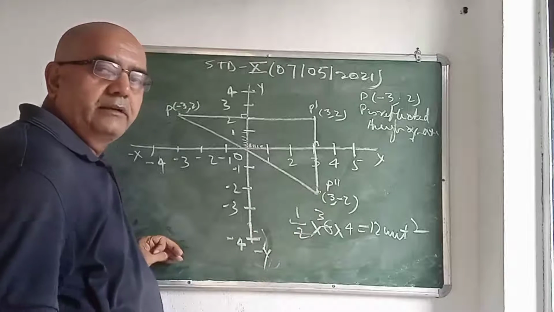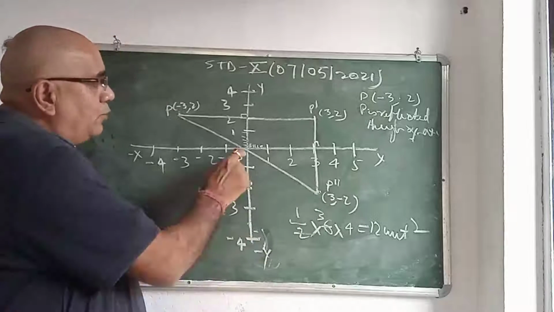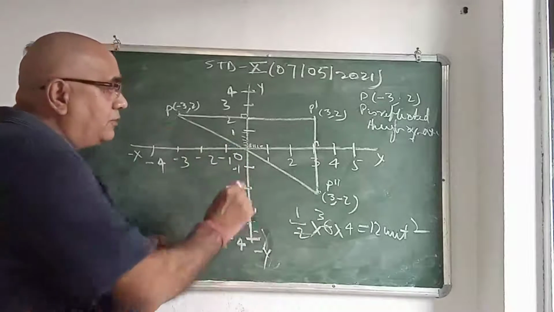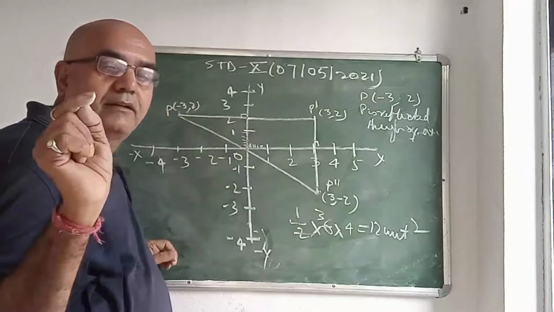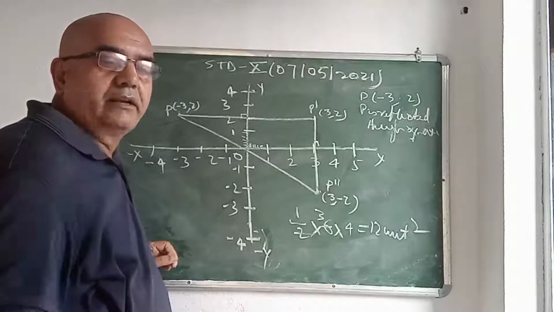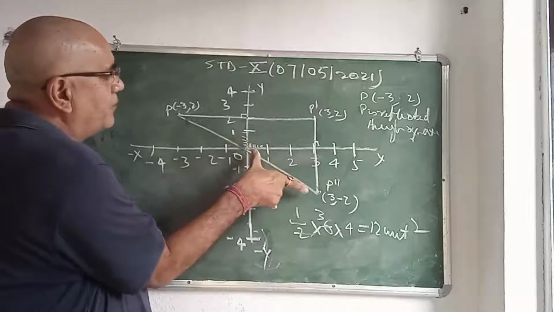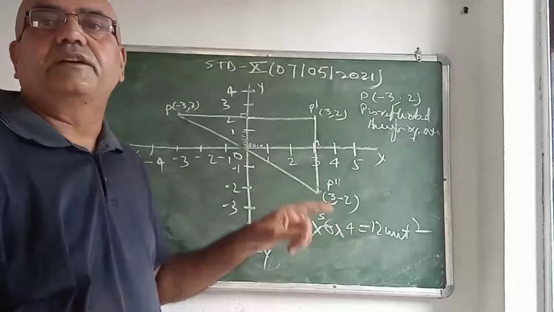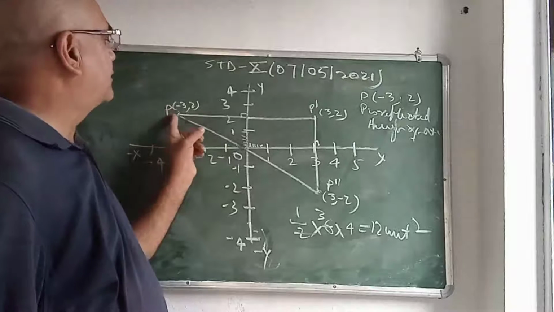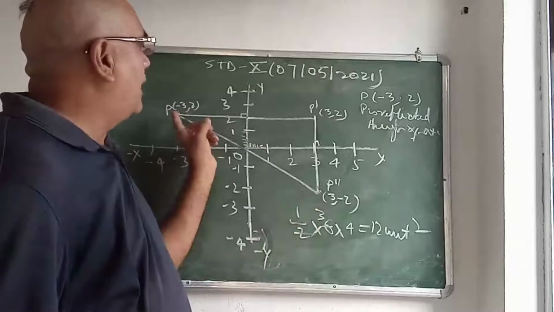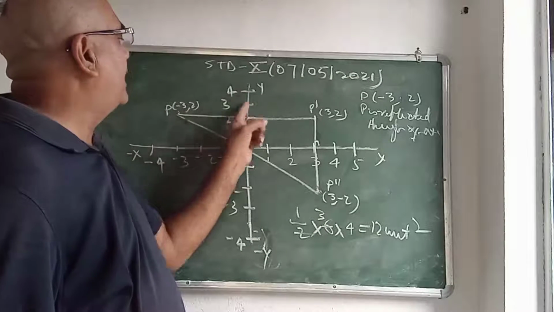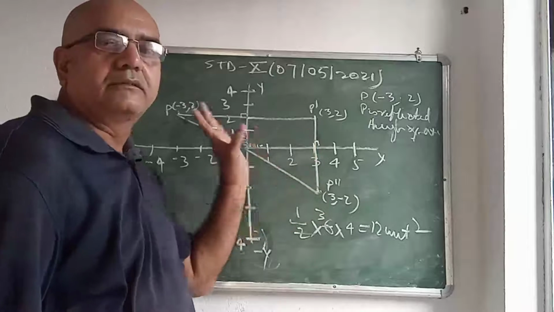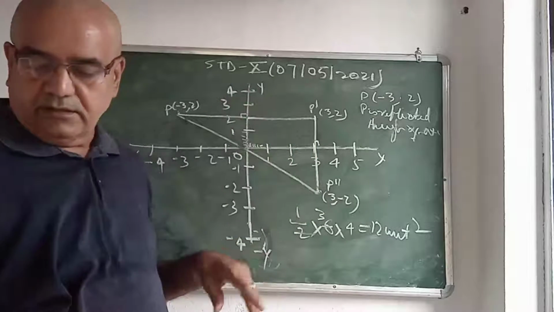Same value we will get if we transform singly through the origin. This origin will behave as a mirror, and up to the same distance we will get the same value. So this is known as the single transformation: single transformation through the origin, and double transformation through the y-axis followed by the x-axis.